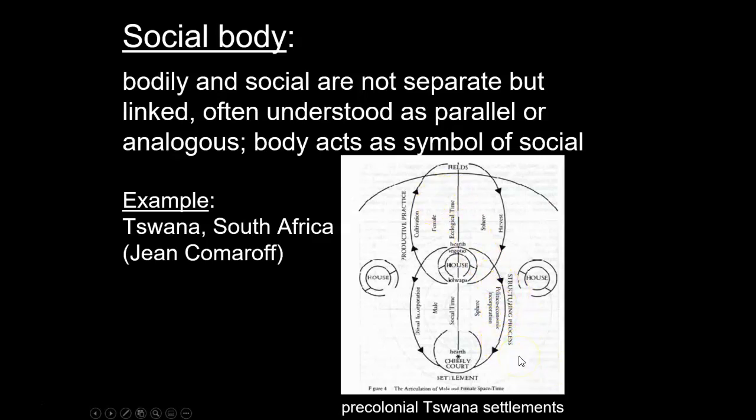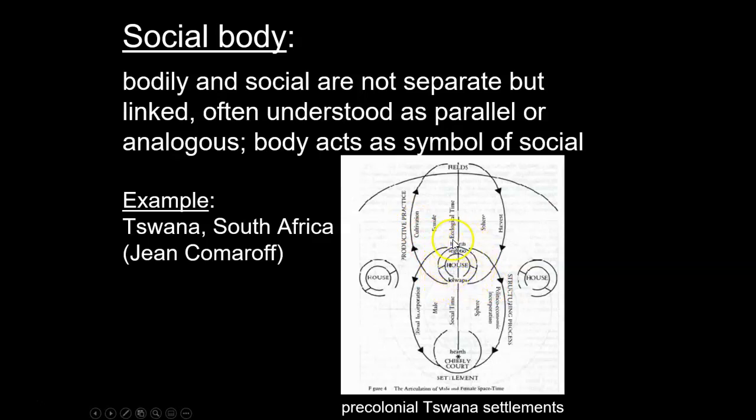She's demonstrating how the way that Tswana people organized their houses and communities in space referenced the physical body and helped both delineate broader social roles and the individual roles of particular people vis-a-vis what was understood to be distinctive about bodies. So the house was right here in the center of the diagram.